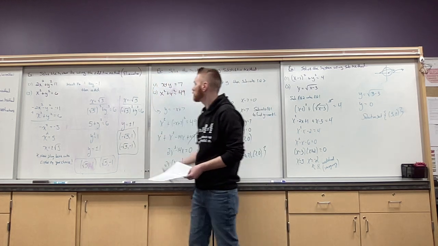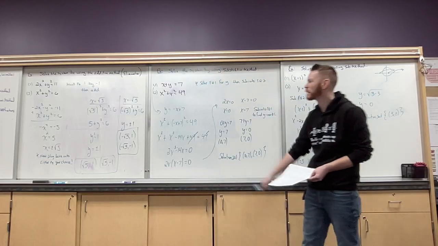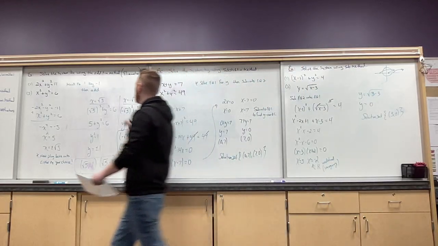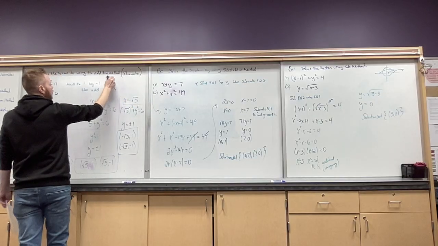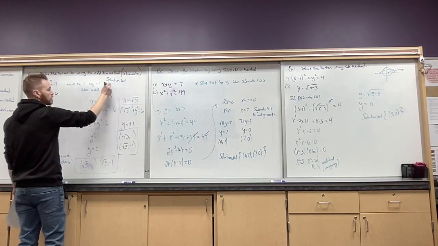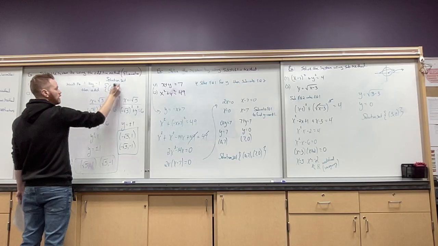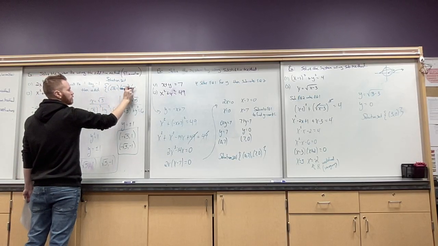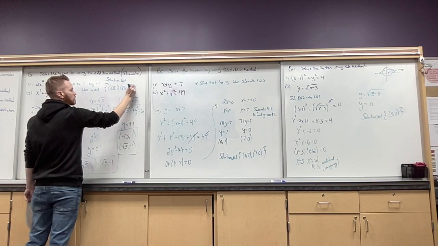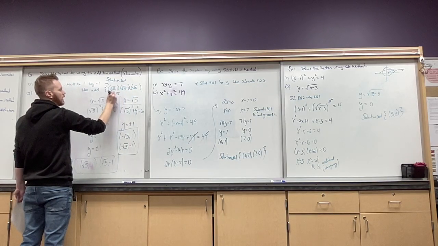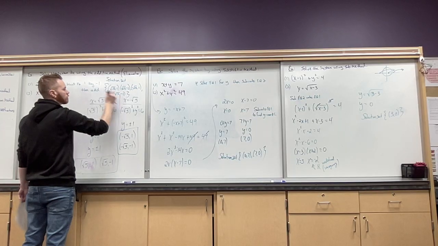I am out of space, but right at the very top, I have a little bit of whiteboard right there. So my solution set: square root of 5, 1; square root of 5, negative 1; negative square root of 5, 1; negative square root of 5, negative 1.